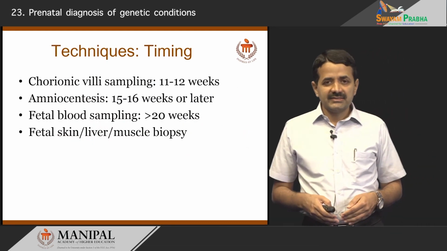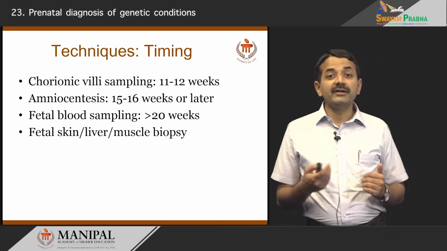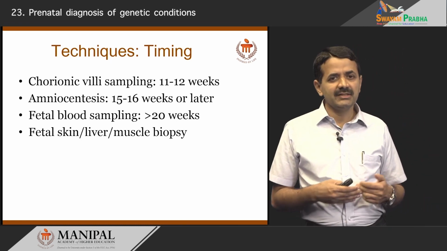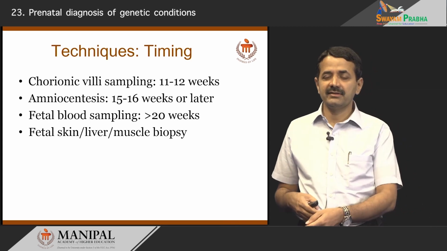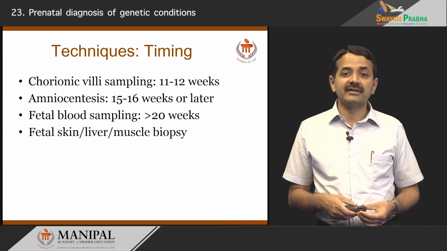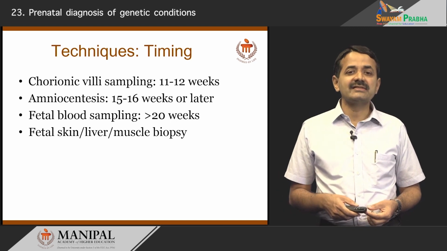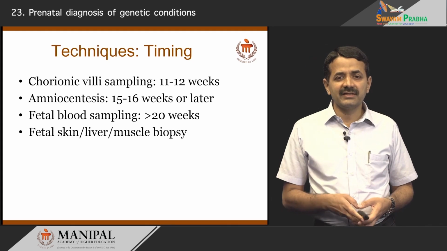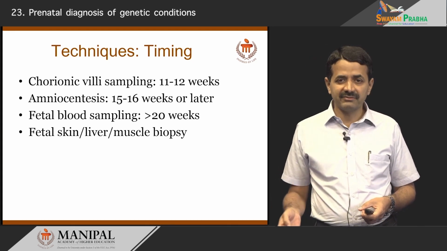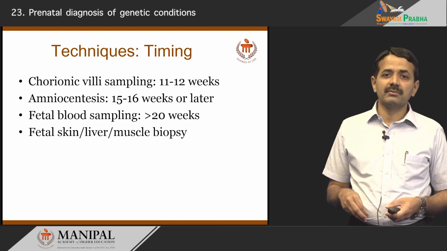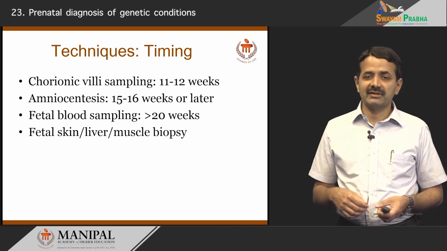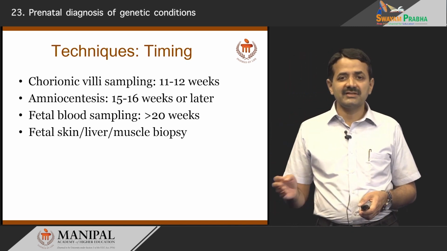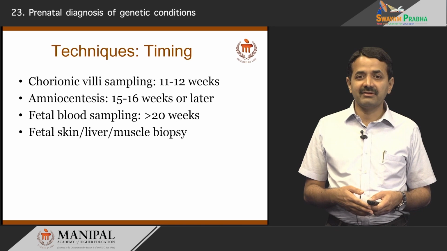I have listed the techniques here, and when do we do them? Chorionic villi sampling is done between 10 to 12 weeks, amniocentesis at 15 to 16 weeks or later, and fetal blood sampling usually after 20 weeks. Fetal skin, liver or muscle biopsy and fetal blood sampling are rarely used nowadays, because we have earlier techniques like chorionic villi sampling and amniocentesis, and better molecular testing facilities which can be done as early as 11 weeks.